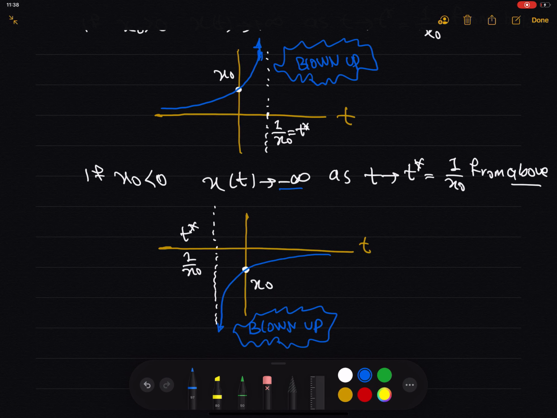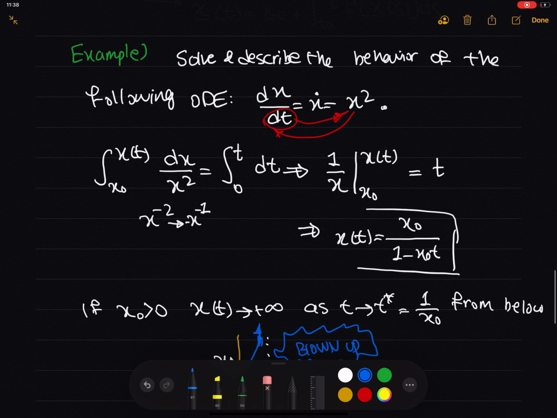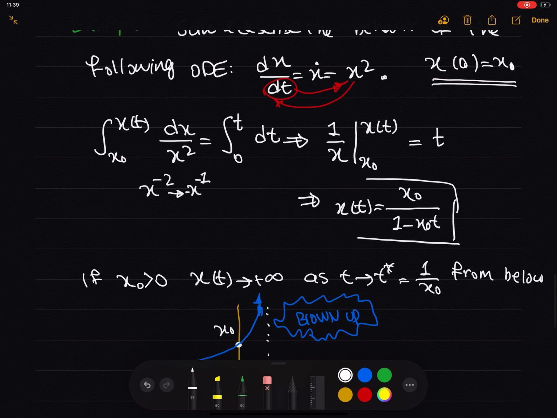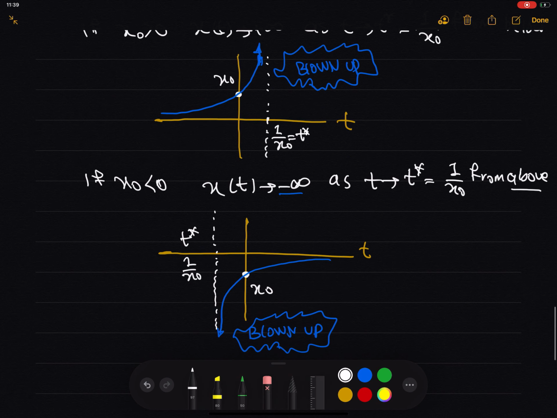Okay, so you see that this ODE, depending on whether x0 is positive or negative, and I think here I had to say that x at 0 is x0, depending on the initial condition, if you take the integral, it can either go to positive infinity at t equals 1 over x0, or go to negative infinity.